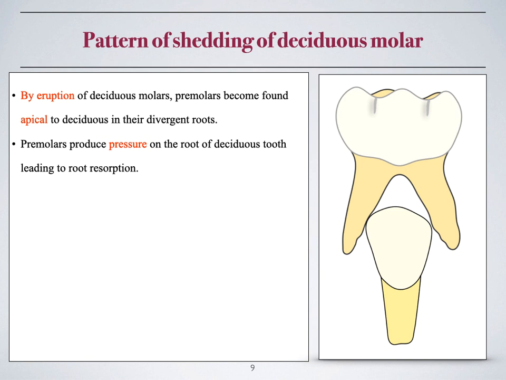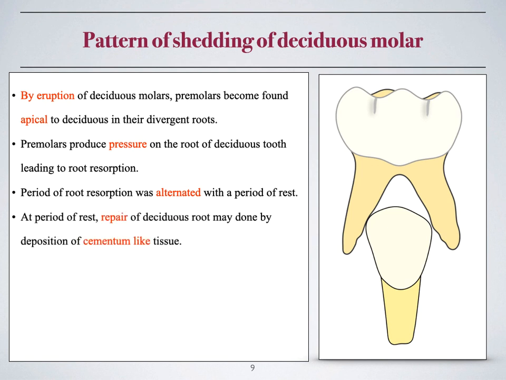الفرق بقى هنا ايه بقى؟ Root resorption occurs with a period of working alternated with a period of rest. At the period of rest, there is a repair of the deciduous root, which may be done by deposition of cementum-like tissue. ممكن يعمل لي hypercementosis.